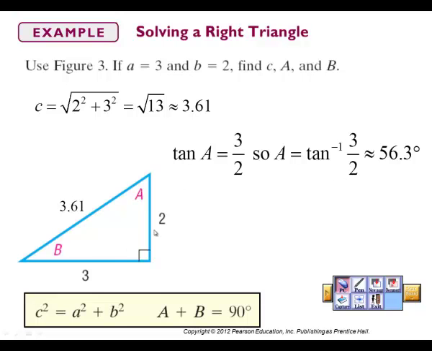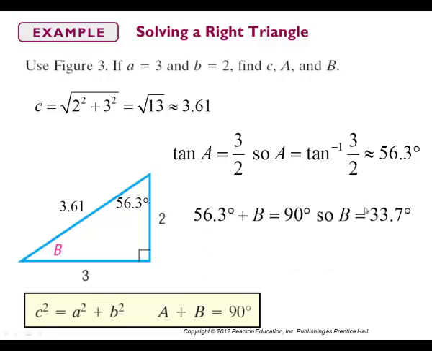So here they use tangent A, which is opposite over adjacent, 3 over 2. Or you could have used tangent of angle B, and that would have been 2 over 3. You could have done that too. And then they applied inverse tangent to both sides, and they just rounded it to the nearest tenth.